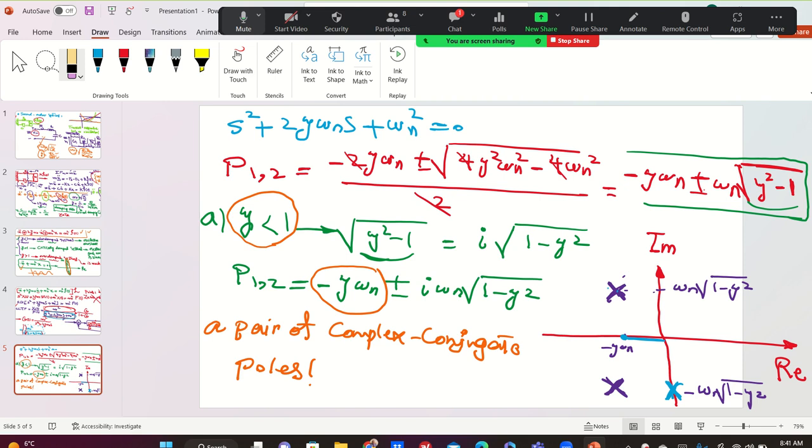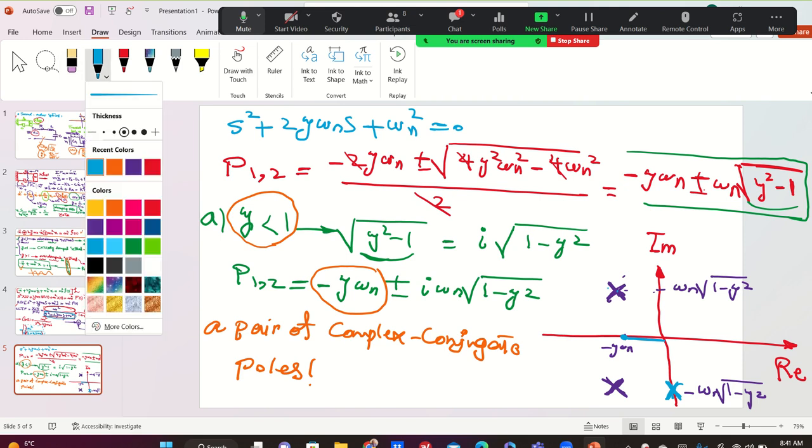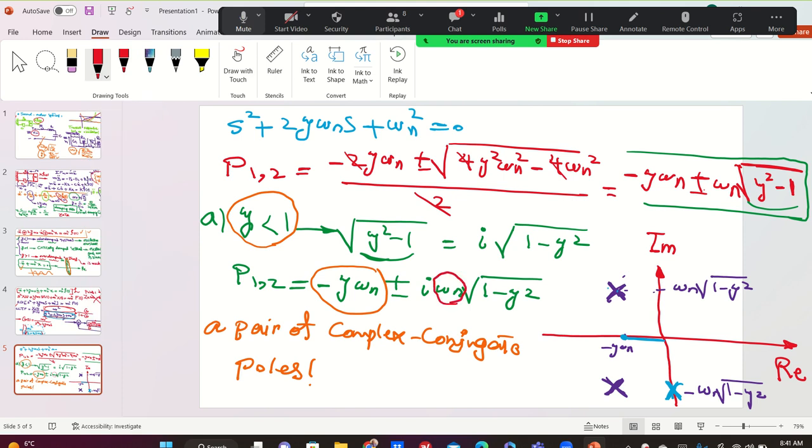Okay, guys. Before going ahead, I have to simplify this. What was the name of this? I taught you. What was the name of omega n? Yes. What was the name of zeta? Yes, damping ratio.